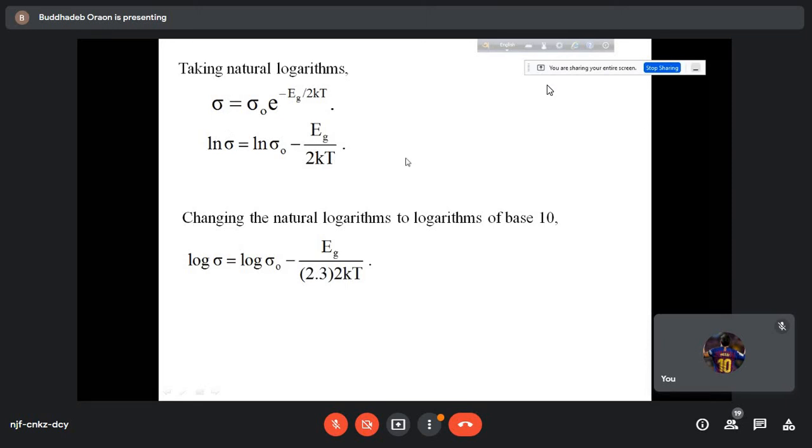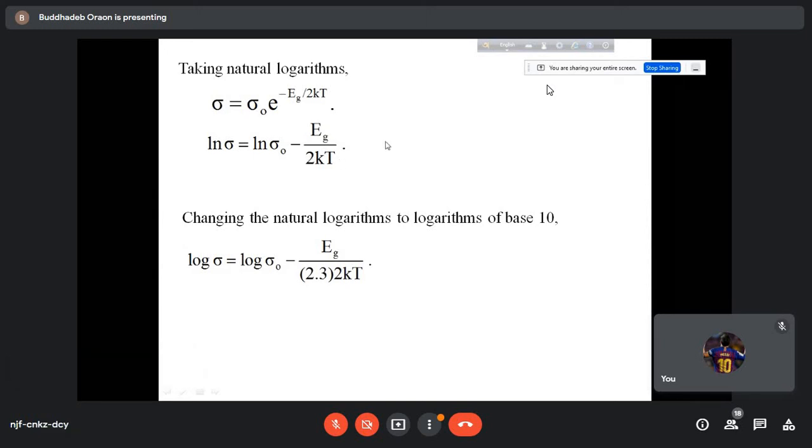In this equation, if we can measure the conductivity at different temperatures, we can get a set of readings, and if we fit that line, we can get the slope of the line as minus Eg by 2k.